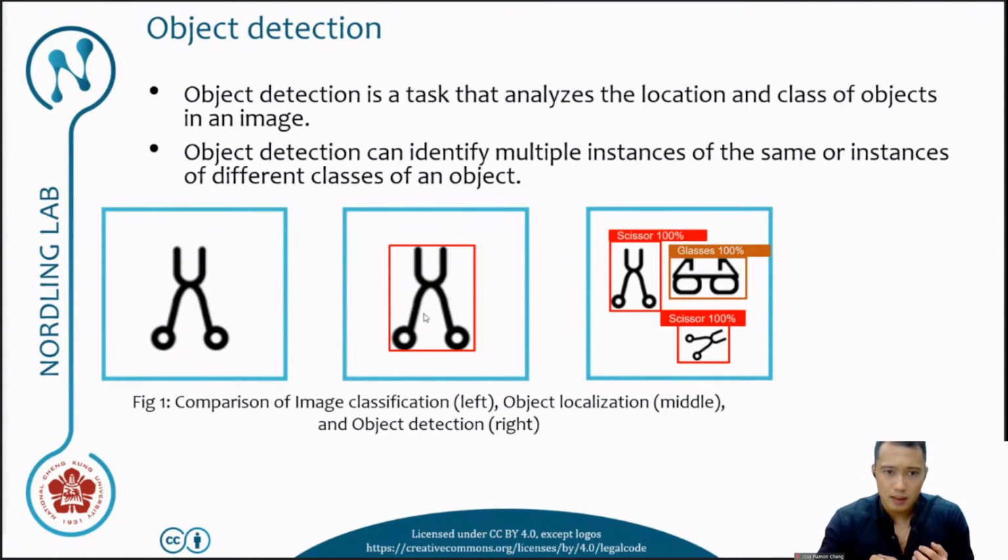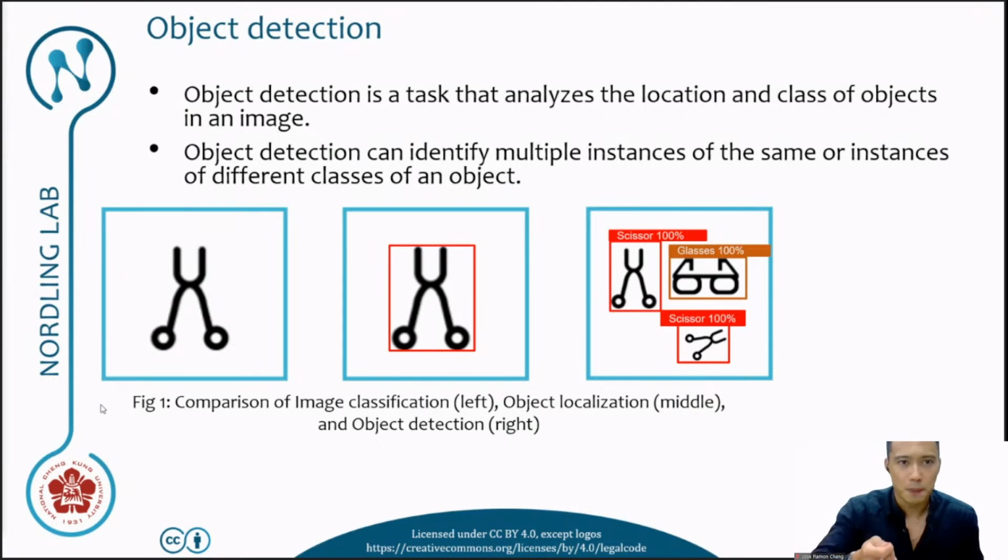So, for example, let's say that I have an image, right? One of the most simple computer vision tasks is that the algorithm is presented with an image, and the algorithm is tasked to tell me, okay, what is in this image, right?